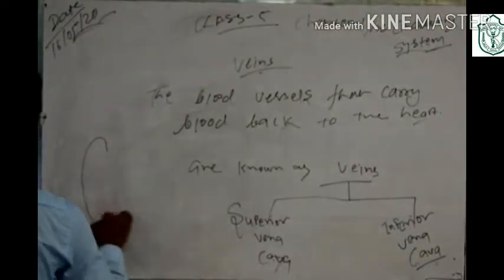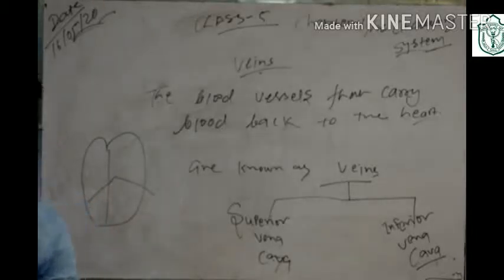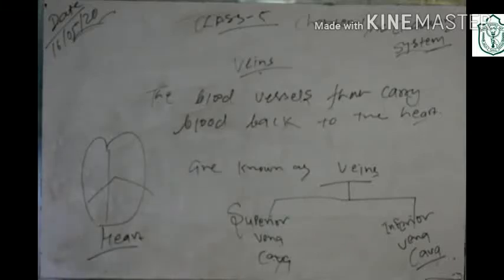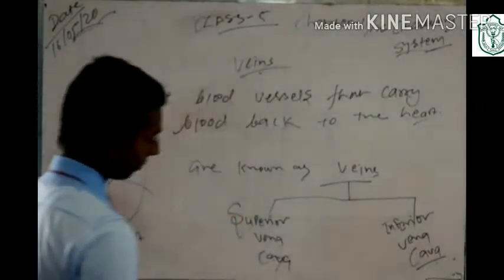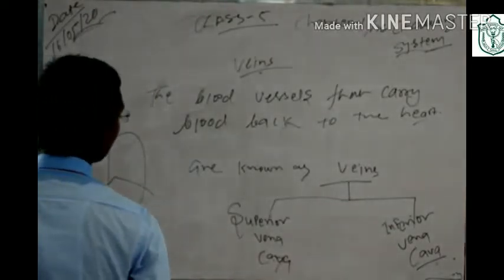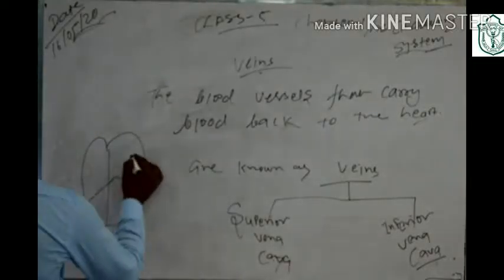So here, to understand what is superior vena cava and what is inferior vena cava. Superior means the tubes and the network of tubes which are above the heart.